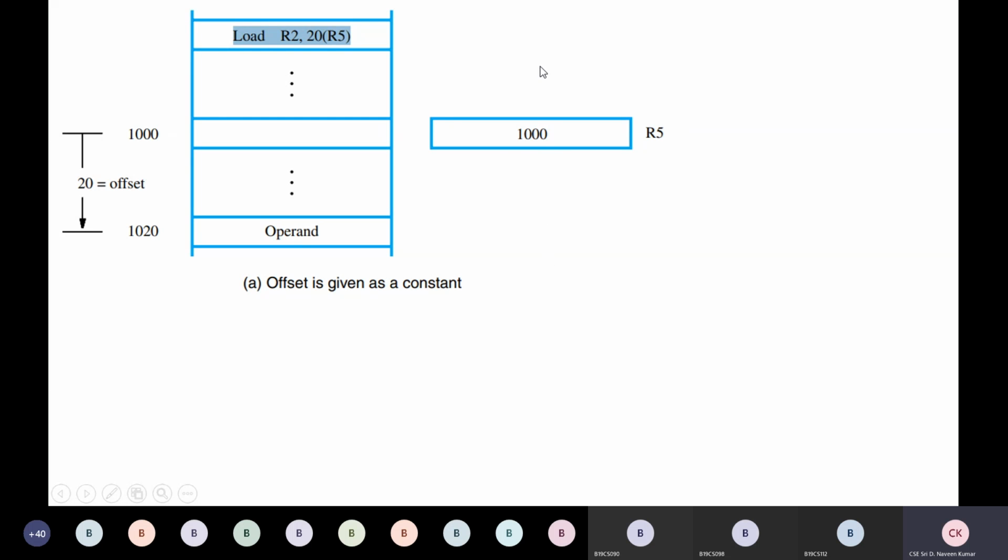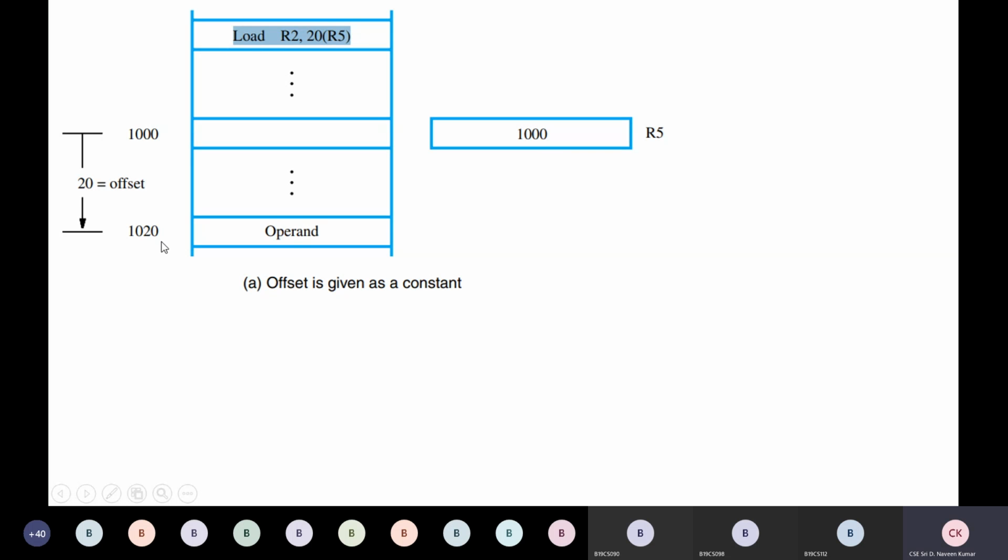We may have other registers in parallel, R0, R1, R2, but we are representing only one register here. When I say 20 of R5, it checks what is in R5. It is 1000. 1000 is not the value, it is an address. It takes that 1000 and adds 20 to it.